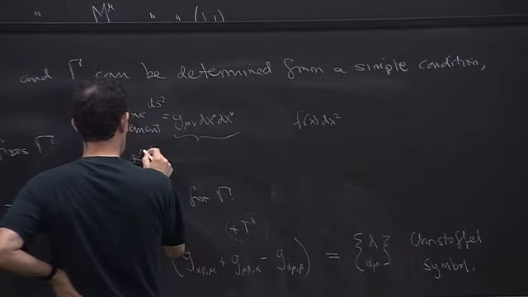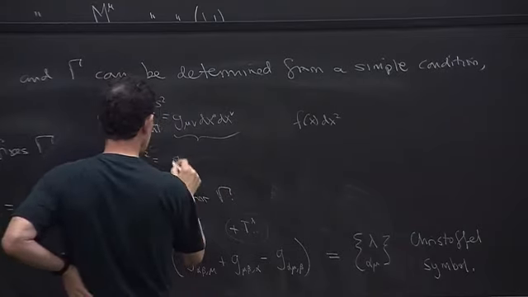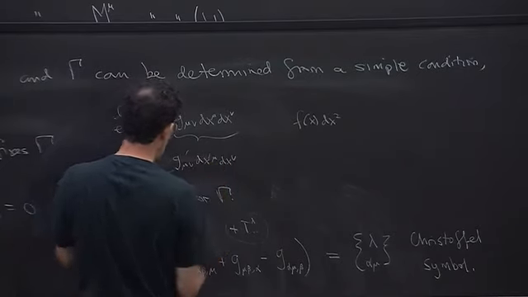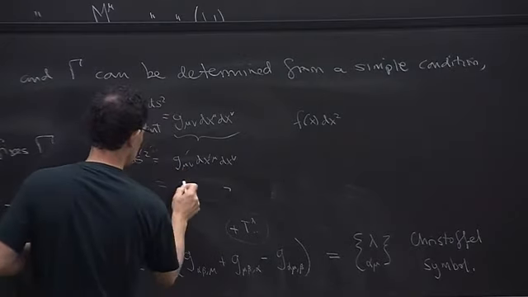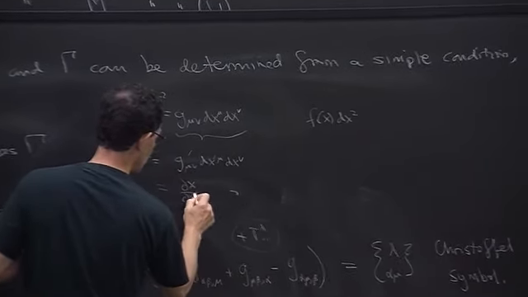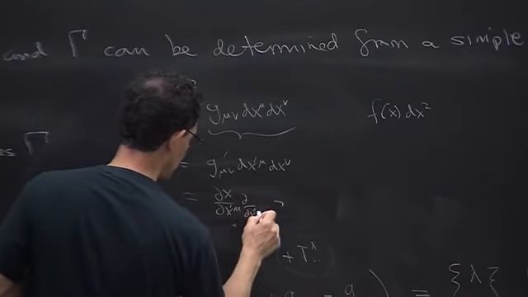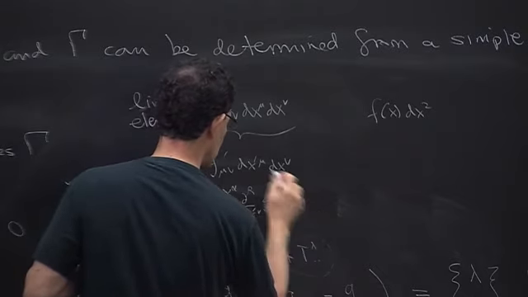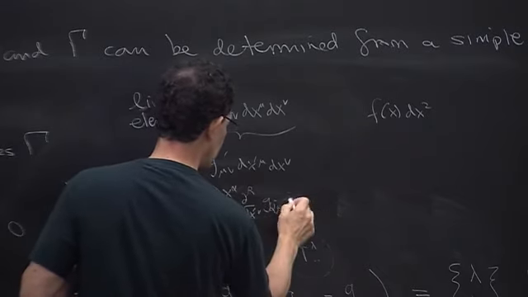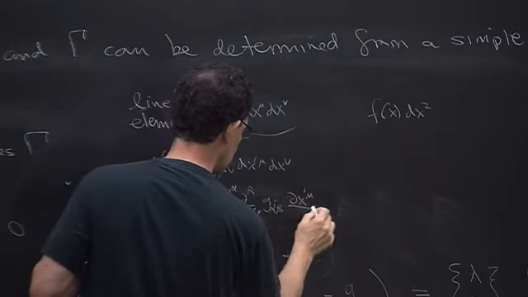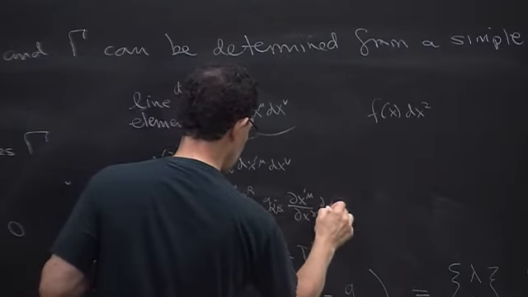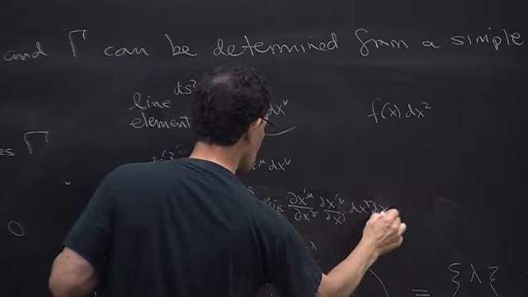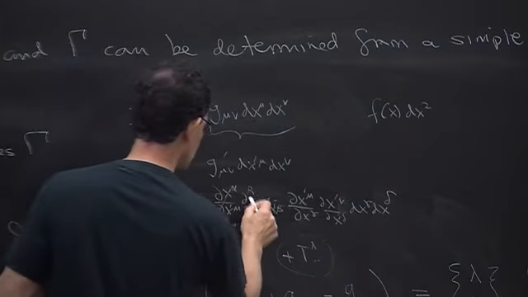So ds prime squared in some other coordinate system is g mu nu prime dx prime mu dx prime nu. But of course, this is just g alpha beta, and then dx. These transform with the Jacobian, so dx prime, and then these guys cancel.